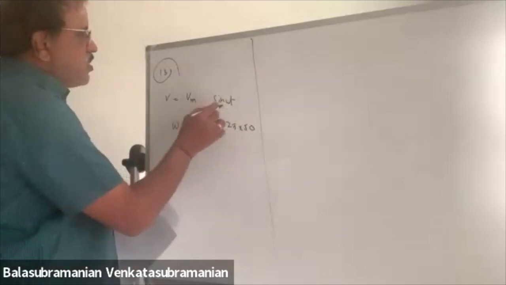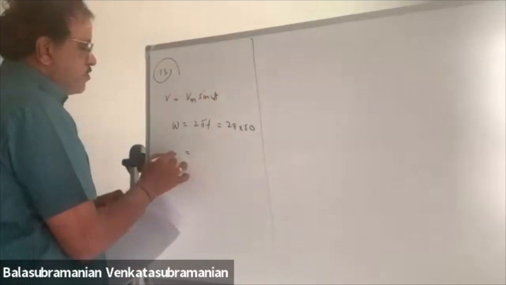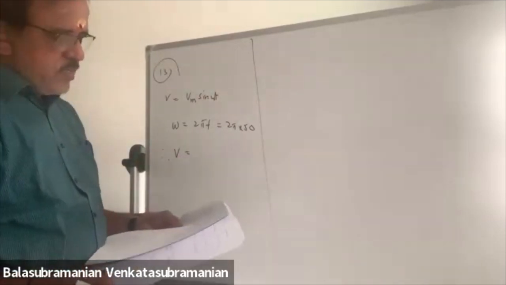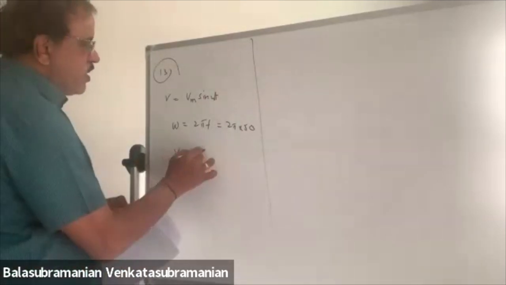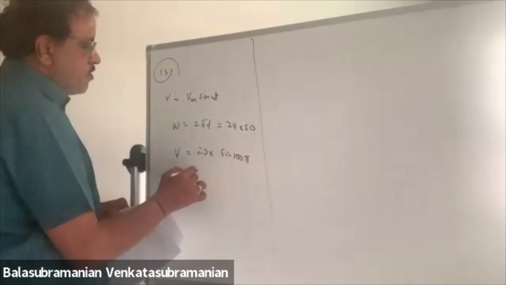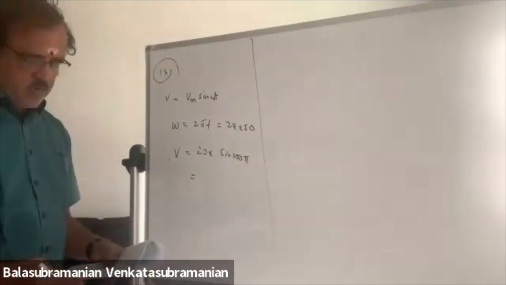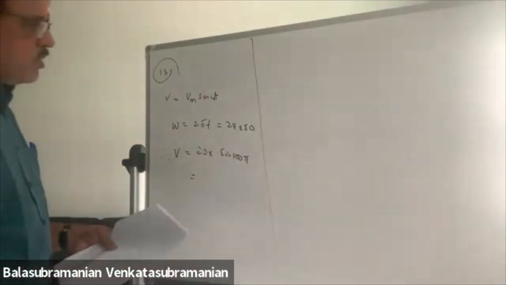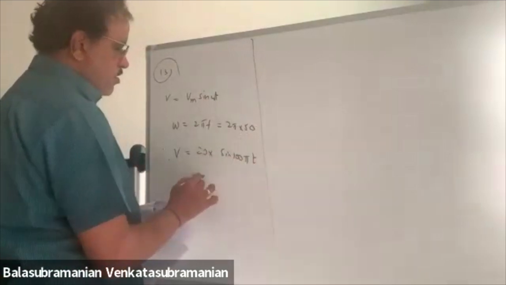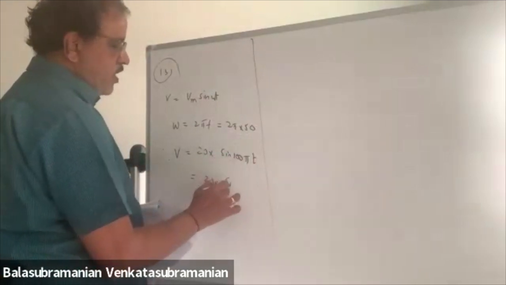V is equal to Vm sin omega t. What is maximum value? 20 volts. 20 into sin 100 pi into t. 20 into sin 314t.